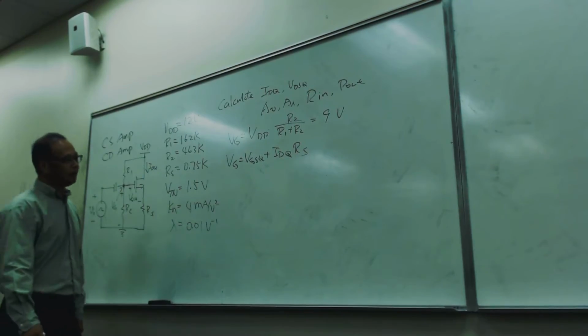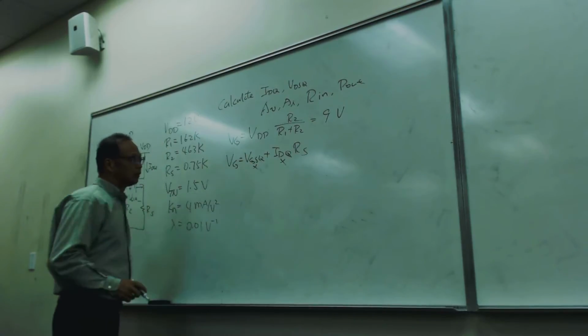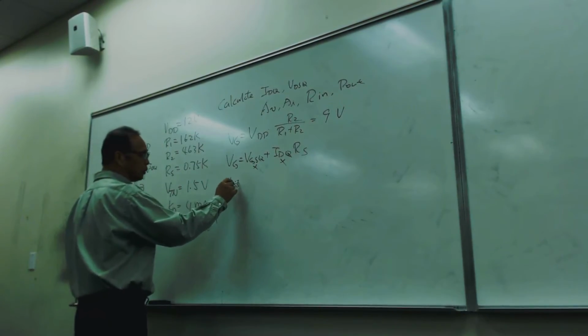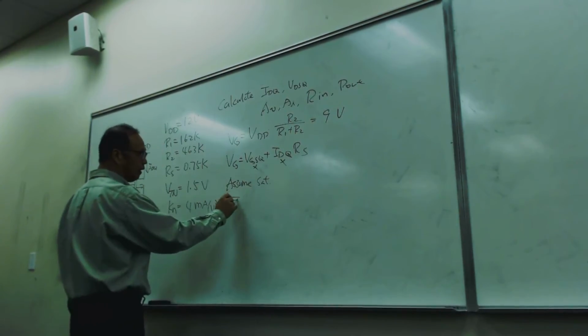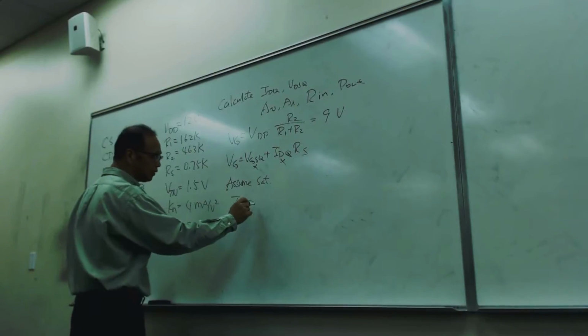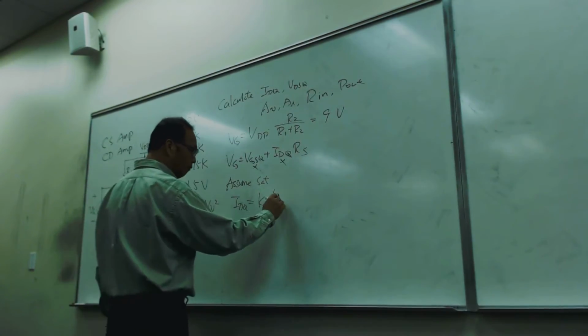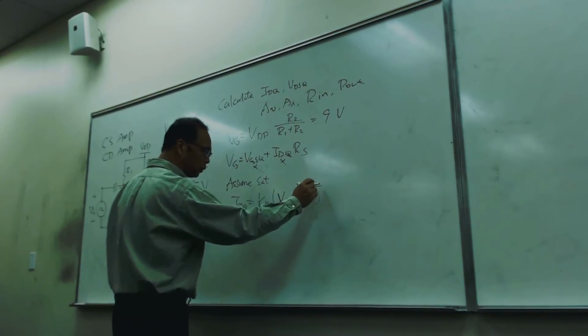So you have one equation and two unknowns, right? This is not known, this is not known. So you need one more equation. So now if you assume saturation, then the IDQ formula is K times VGSQ minus VGN to the square, right?